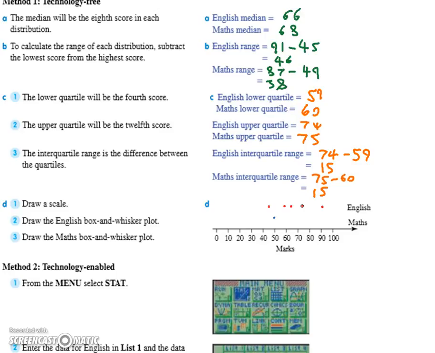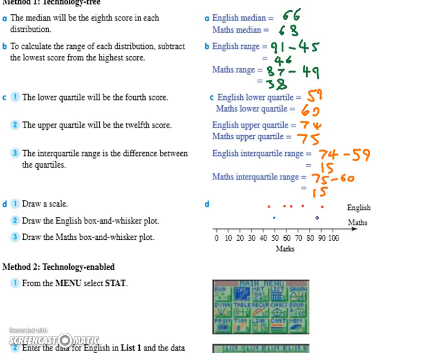Okay. Now, before we start drawing the actual boxes, we'll do the maths ones. We'll get the 5 dots on there for maths. The only reason I'm doing that is I find it easier because once I start drawing the boxes on here, it might get a little messy. So if I've done the dots, at least we can see where I'm going. Okay, so we've got the lower for maths. What's the upper for maths? 87.